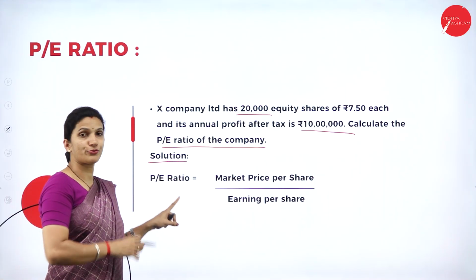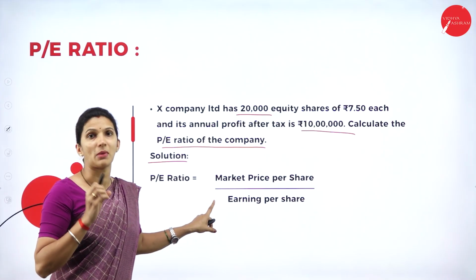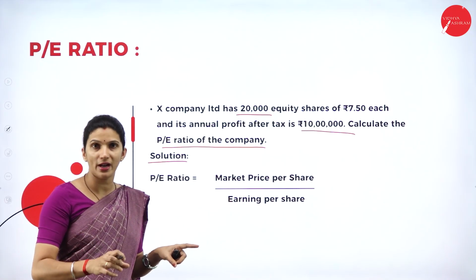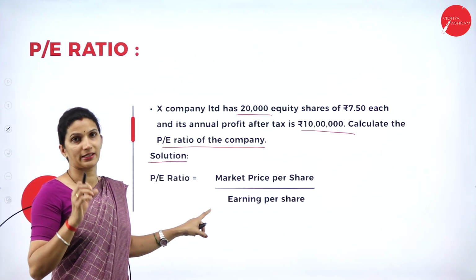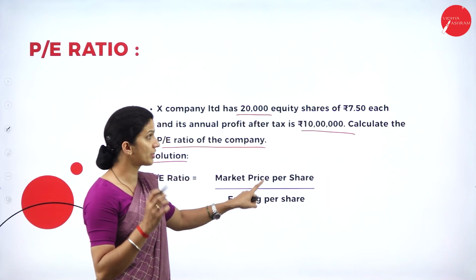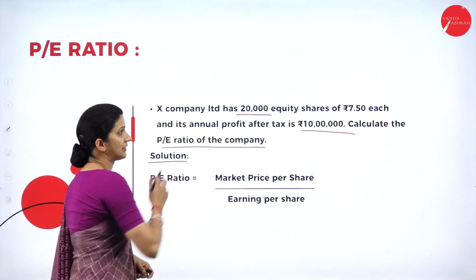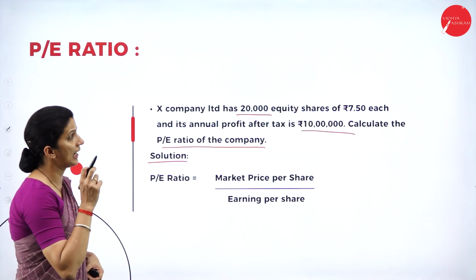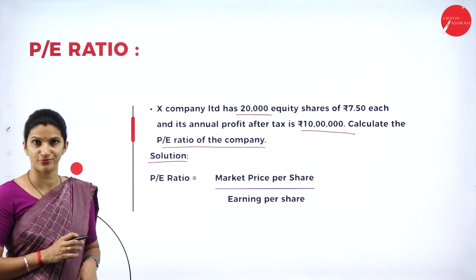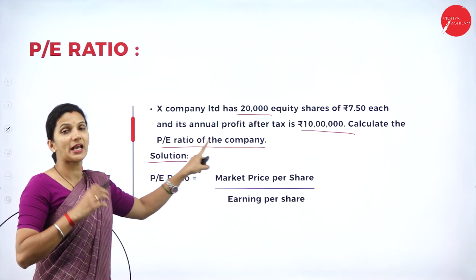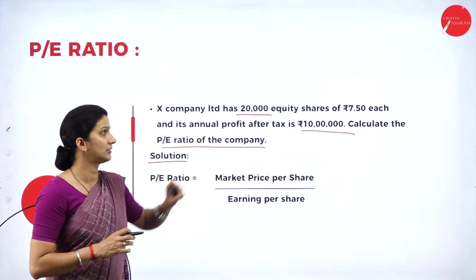Your PE ratio formula is the market price of each share divided by EPS, that is earning per share. Here we have the number of equity shares 20,000, the face value 7.50 and the PAT, that is profit after tax, 10 lakh.